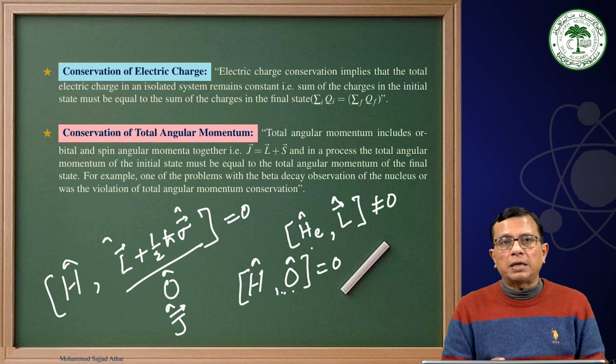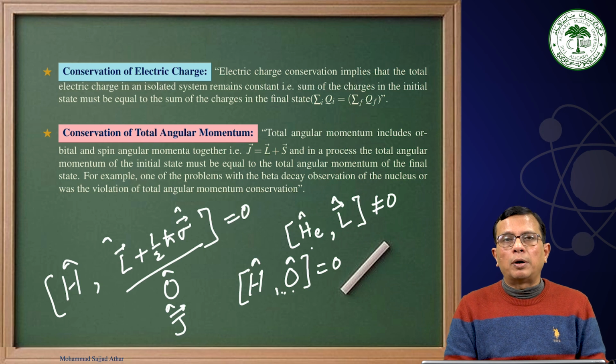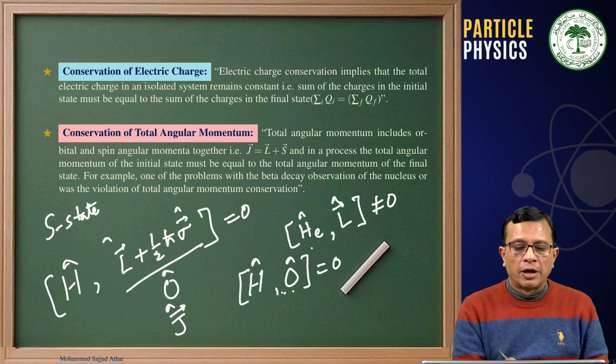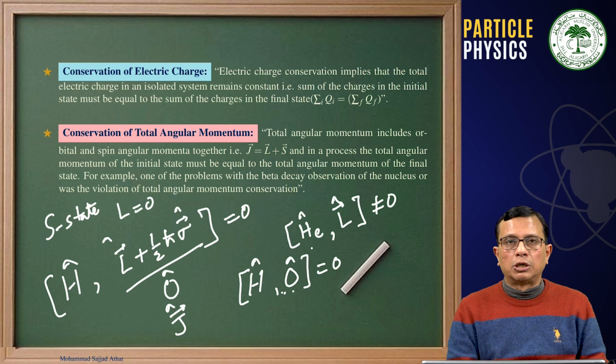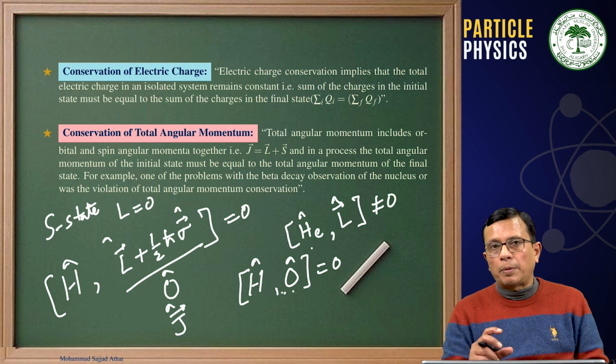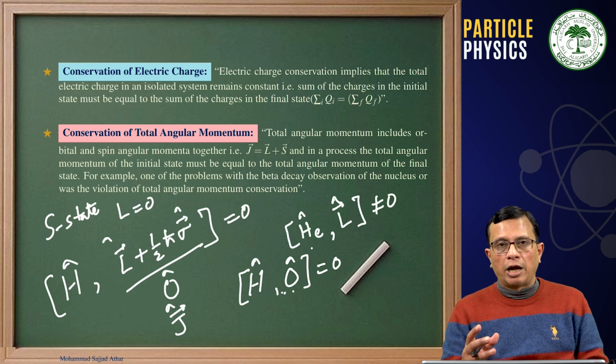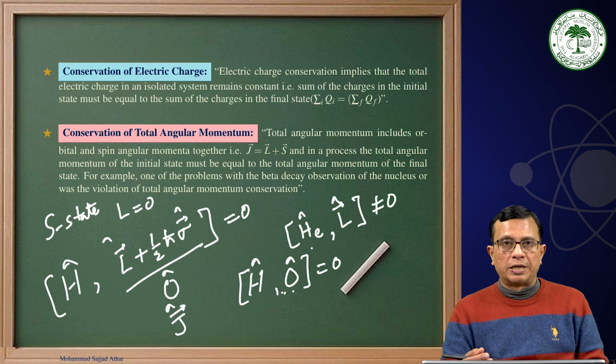Therefore, these are the special cases where you are talking about the ground S state. For example, the ground S state corresponds to L equal to 0. Then the total angular momentum operator will only consist of spin angular momentum. Similarly, pions are spinless particles, so the total angular momentum operator will be just the orbital angular momentum operator.